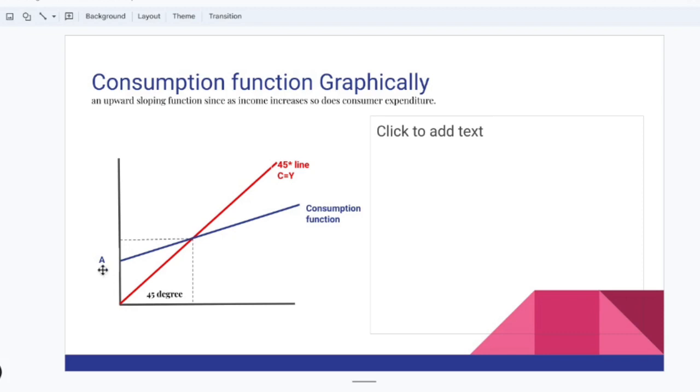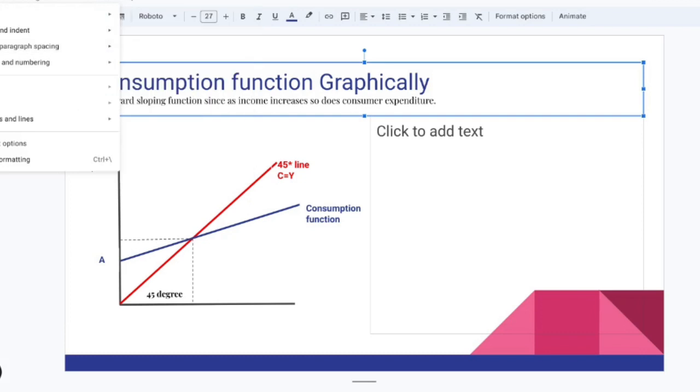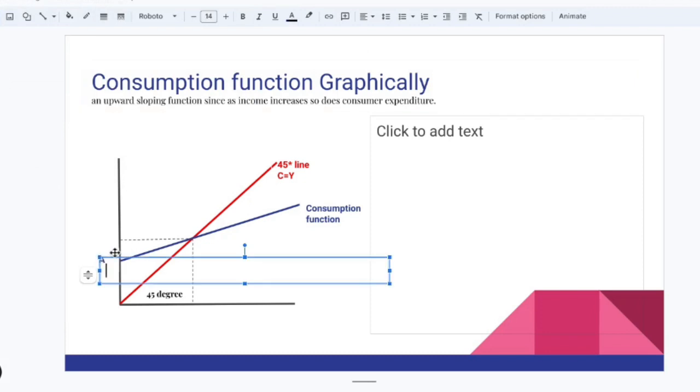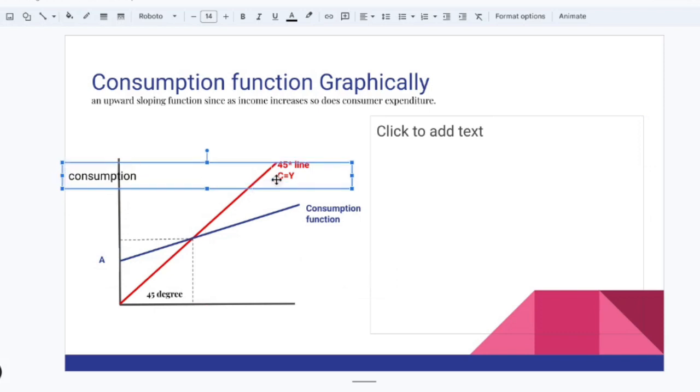Autonomous spending occurs when income is at zero. So autonomous spending, as you can see, would be right here. Let me add a text box. I can just copy this. So this is consumption, the axis right here would be consumption.